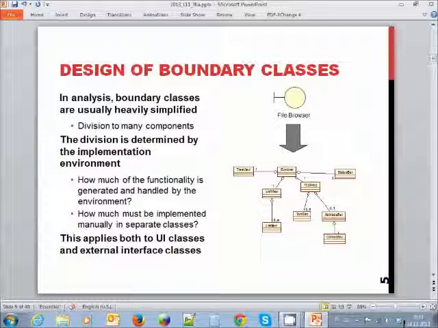So the boundary during its analysis lifetime is first designed as one contact point into the system, and then when it's actually implemented, it contains all the things needed for functionalities and views and forms and things like that.